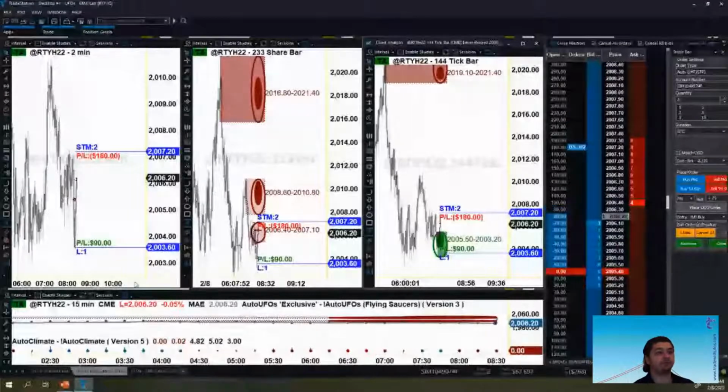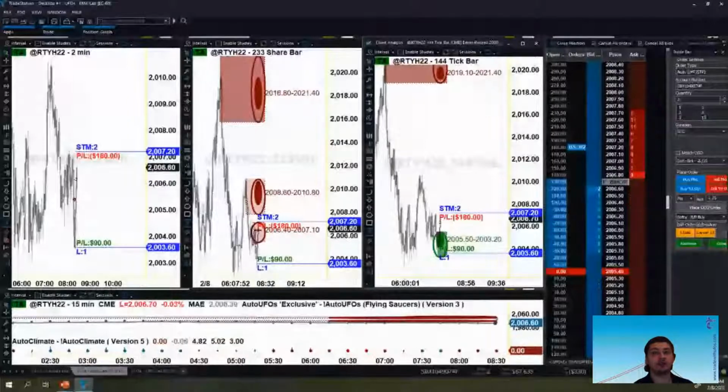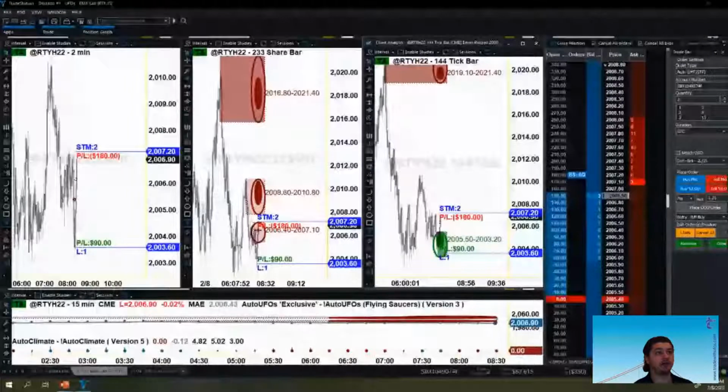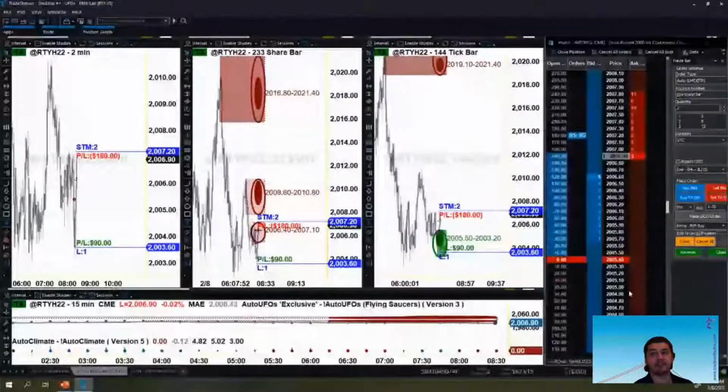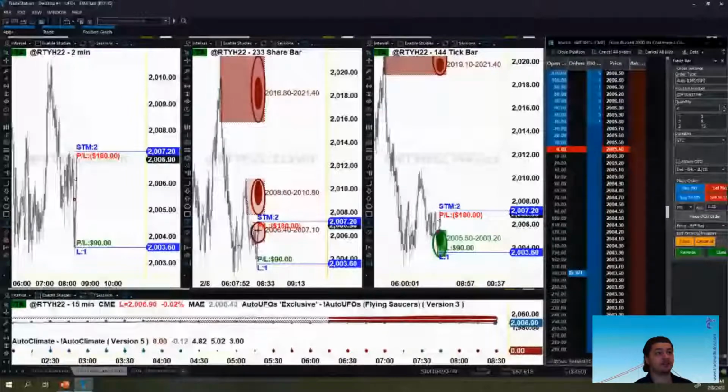All right, a bit of movement there. The euro is still hanging on. That's pretty cool to see. RTY moving against us. 2007.2 is the proper place for the stop. Look at that, it came within a tick of stopping out, guys. 2003.6 is T1.